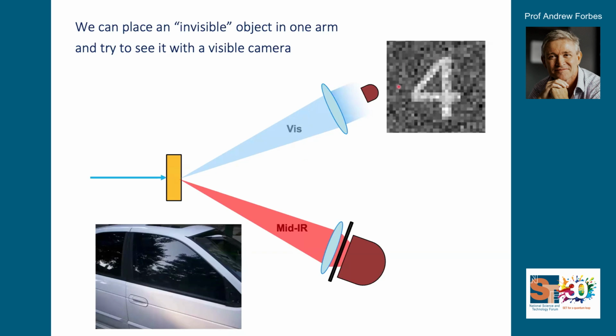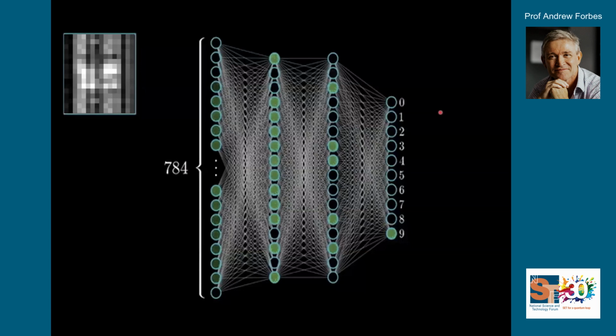And if you look at the images that we're getting, you can see that they're a little bit noisy. So quantum actually lends itself very, very nicely to machine learning and AI, because what we can do is we can feed these very noisy images through a neural network, and instead of having beautiful images, we can go towards recognition of objects.